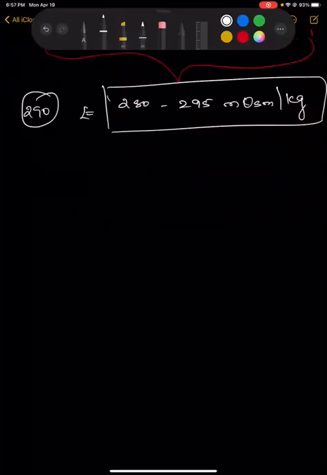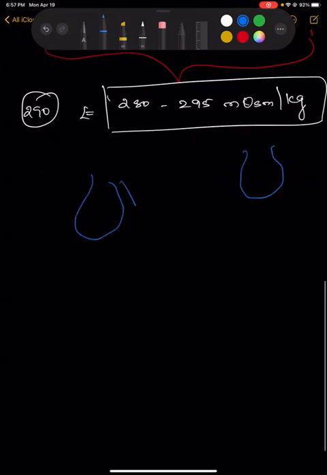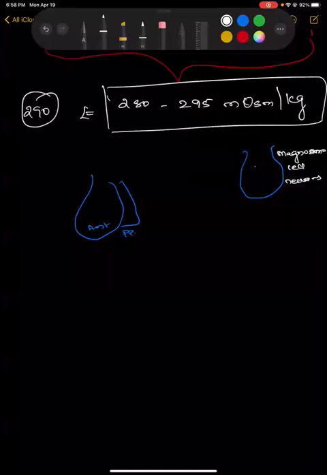Now, how is this vasopressin secreted? I'll tell a quick method of how it comes. It's regulated from the hypothalamus. So this is the hypothalamus. We have the pituitary here, anterior and the posterior pituitary. There are certain magnocellular neurons which are present in the hypothalamus.